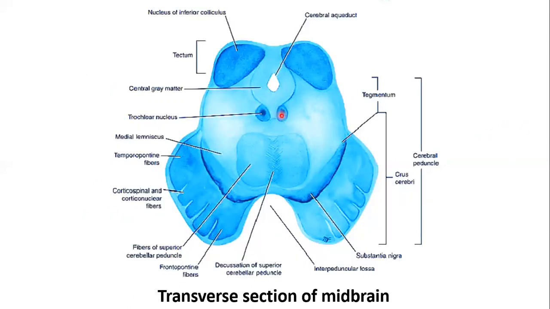You see this is the transverse section of the midbrain at the level of the inferior colliculus, and at this level we have the trochlear nucleus. The nuclei of the corresponding cranial nerves and the sensory tracts are present in the tegmentum, and the sensory tracts are the lemnisci, with the four lemnisci present at the level of the inferior colliculus. We will discuss in detail in sequence very soon.